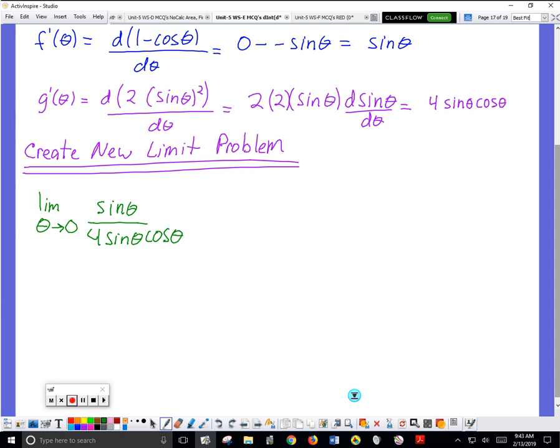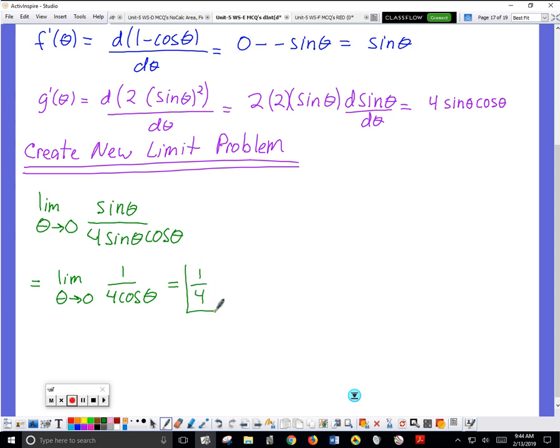So now we're supposed to find the limit of that thing, because that's how L'Hopital's rule works. But now these two sine values can legally divide. So we end up with this limit problem. If theta is close to 0, the cosine of a value close to 0 is going to be very, very close to 1. So the limit is 1/4.